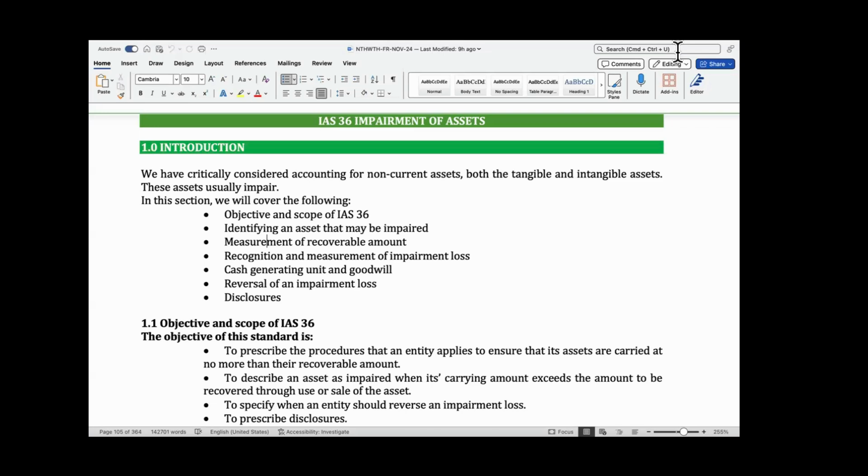And we have also looked at a scenario where you can't buy an asset outrightly, then you have to rent it from another party, which we looked at under IFRS 16 on leases.